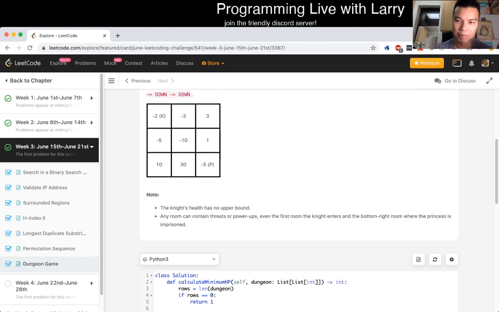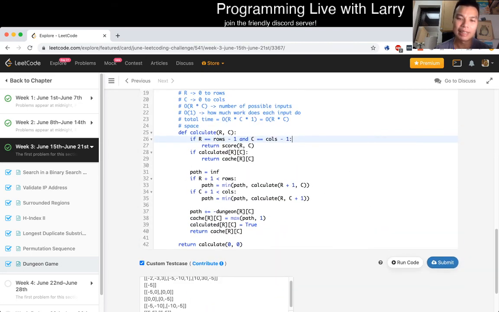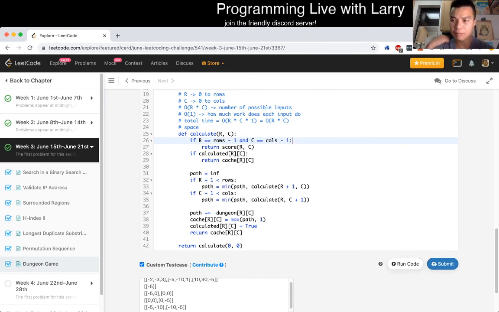So that's the problem for today. I think for this one, if you are trying to upsolve this, practice converting this from memorization to bottoms up dynamic programming, and I urge that you do. It's good practice.